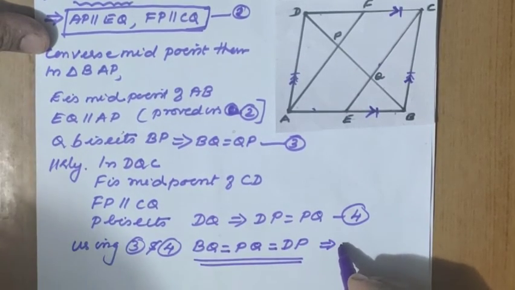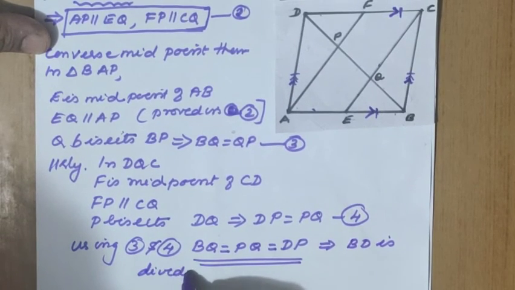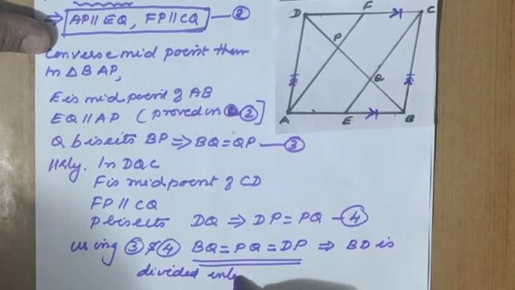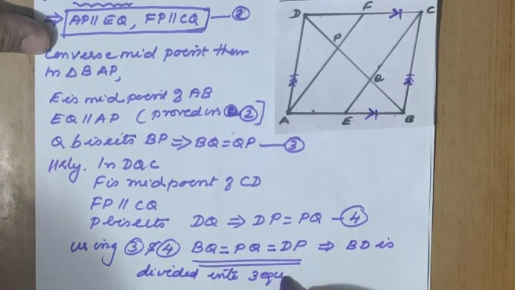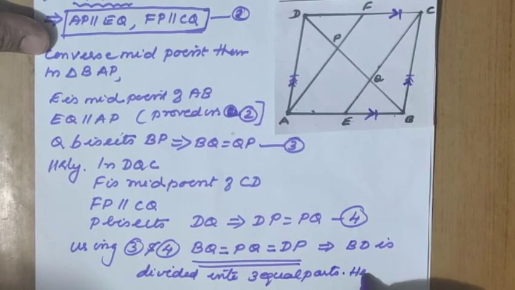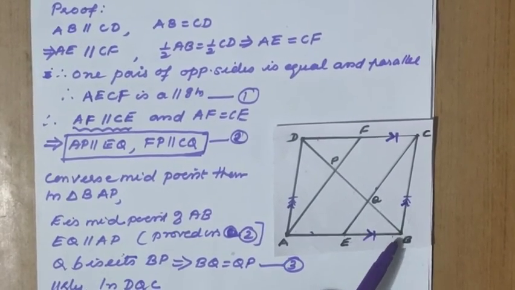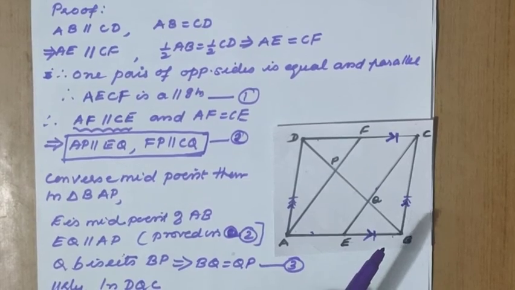The diagonal BD is divided into 3 equal parts. Hence proved.